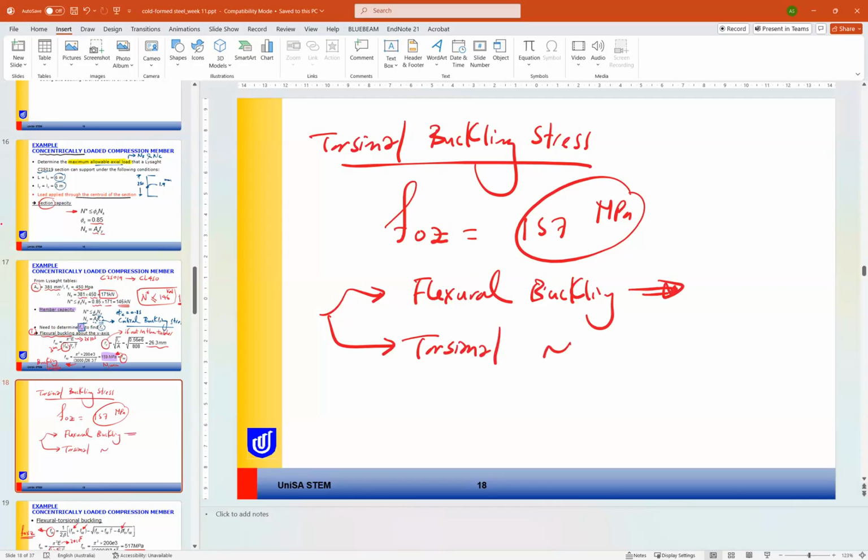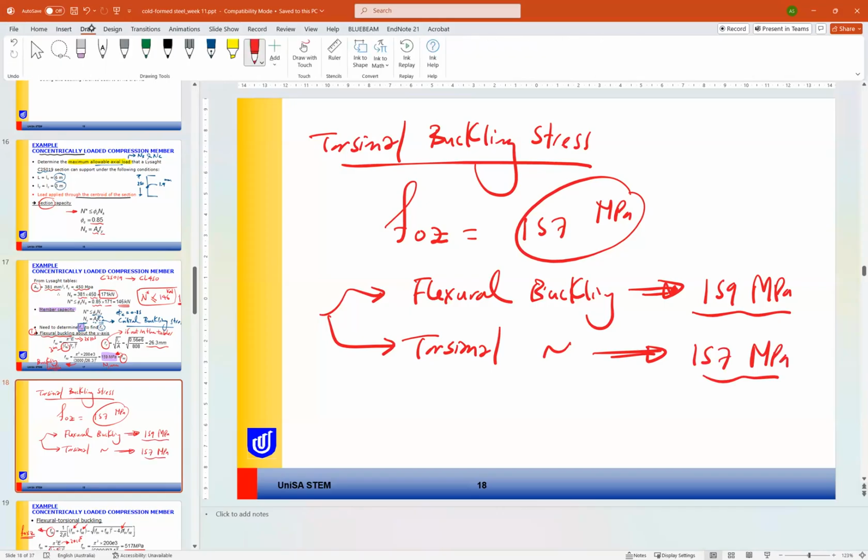The flexural buckling gives us 159 MPa, and the torsional buckling is giving us a stress of 157 MPa. So which one is critical from these two cases? The torsional buckling stress. But in this given example, because we will need to find the flexural torsional buckling anyway, the example didn't show the details of FOZ as a separate case.